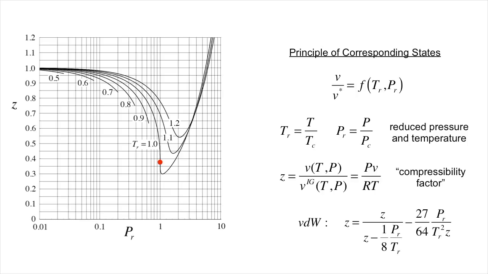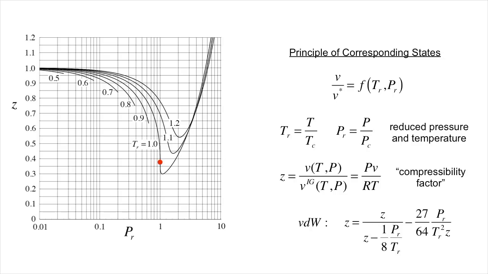Recasting the van der Waals equation in terms of P_R, T_R, and Z, we get the equation shown here with corresponding contour plot on the left for gases and supercritical fluids. The plot shows Z versus reduced pressure, with each line representing an isotherm at a particular reduced temperature.